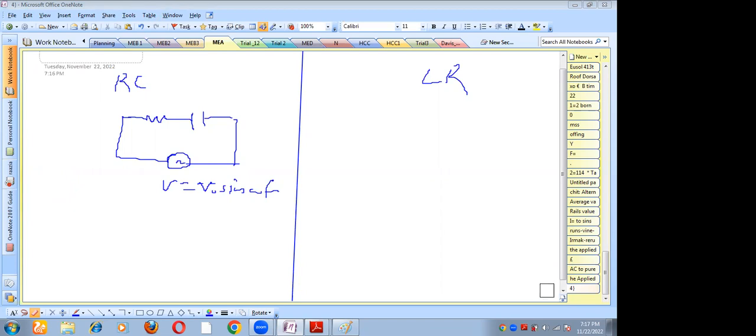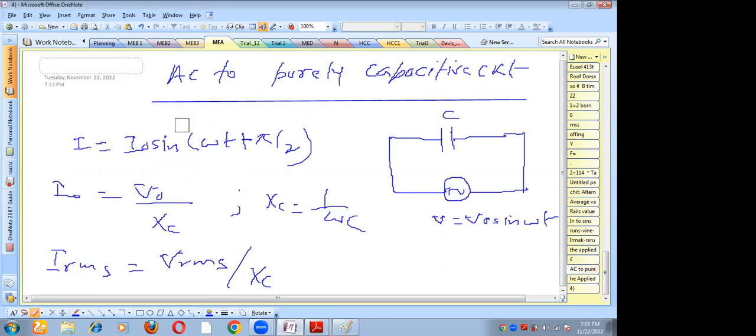In a capacitive circuit, current always leads. What I told you, in a capacitor, current always leads. In an RC circuit also, current will lead. In an LR circuit, current will lag. In a capacitive circuit, current always leads. C for capacitor, C for current. Getting my point?